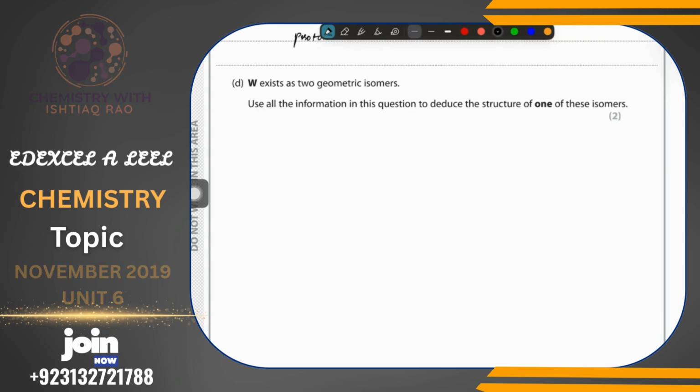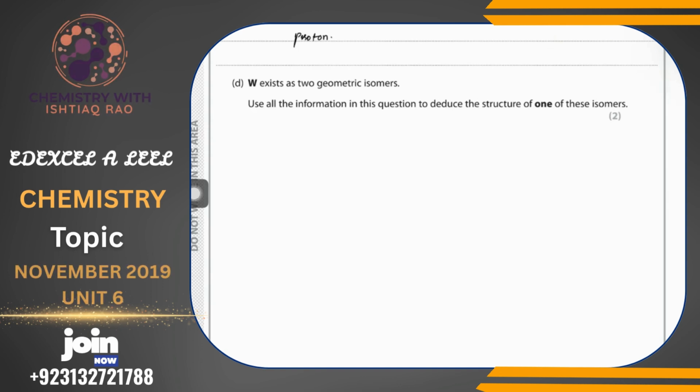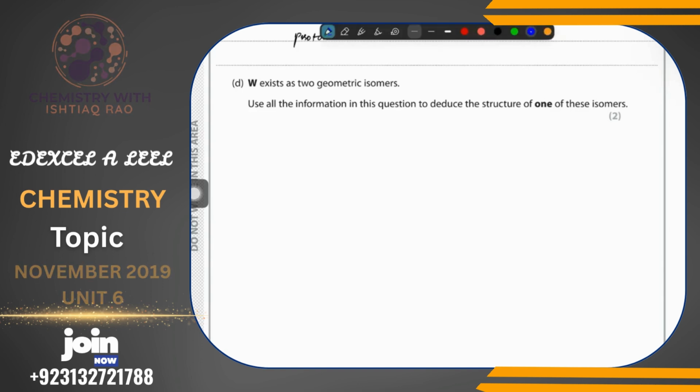And after drawing the structure we have to justify the peak areas and the proton environments, right? So what structure am I supposed to make? First draw the benzene ring, and then the carboxylic acid group attached to it.